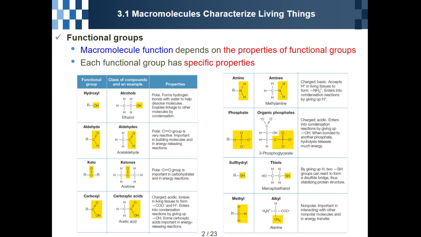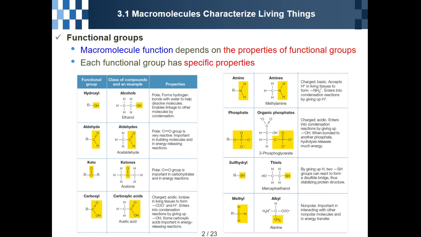How about the amino group? R, NH2, amino group. The amino group is very basic, and all of the amino acids have the amino group. And also there are the phosphate, the SH group, and the methyl group.